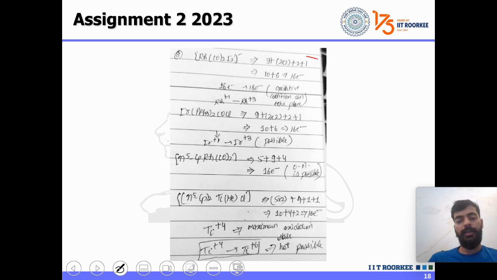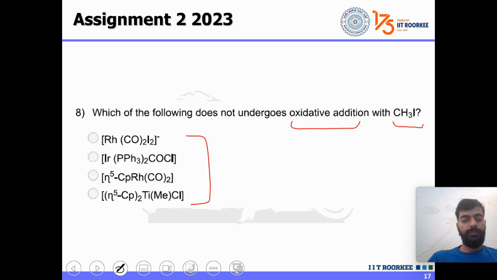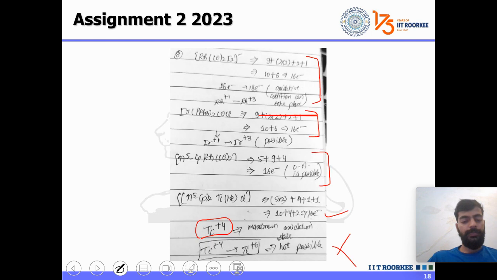So again, 16 electron oxidative addition can take place with this compound. On this also oxidative addition can take place. Here also oxidative addition can take place. So here 16 electron, but titanium is already in minimum oxidation state, so it is not possible. So does not undergo where? Here. Let's move to the next question.